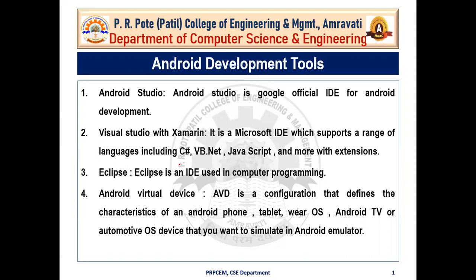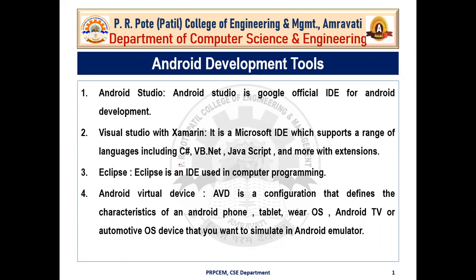Now, the next one is Android Virtual Devices. The Android Virtual Device is a configuration that defines the characteristics of an Android phone, tablet, Wear OS, Android TV, or automotive OS device that you want to simulate in the Android emulator.